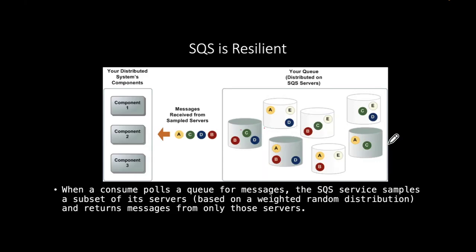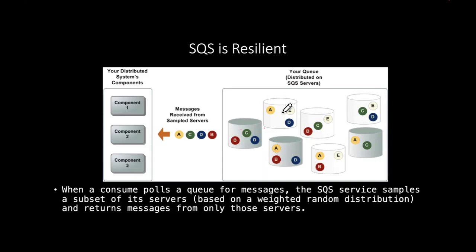So as producers write messages to this queue, from the producer's perspective, it just sees one queue. The entire thing is the queue. But when it writes a message, SQS decides arbitrarily which particular node it will persist that message to, and it won't persist it to all of them. Hence, there is distribution.